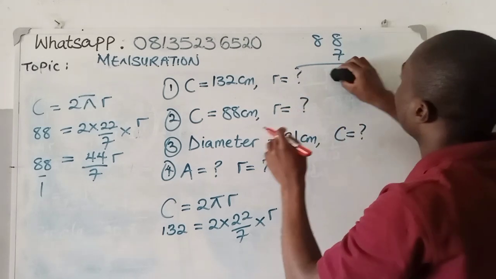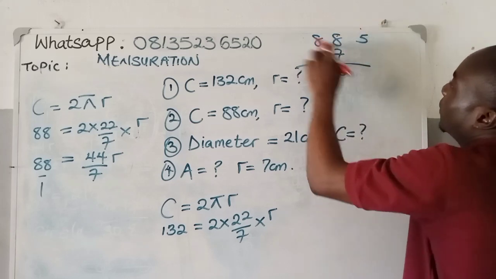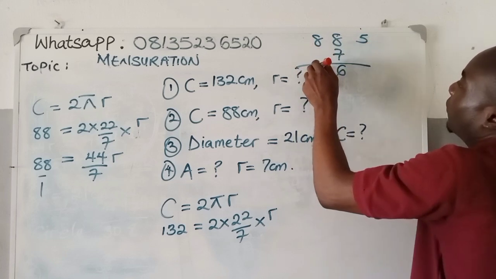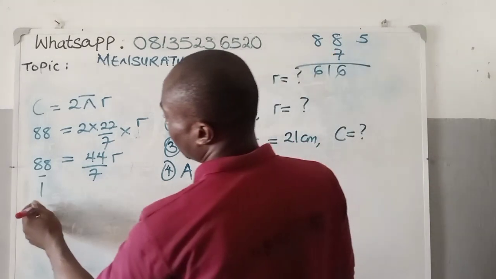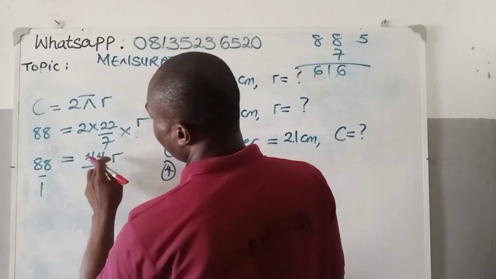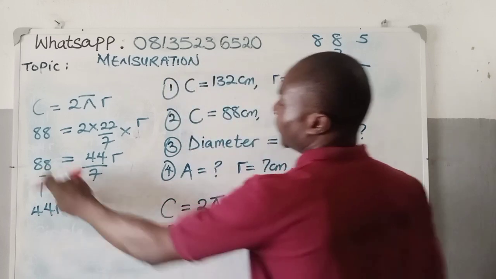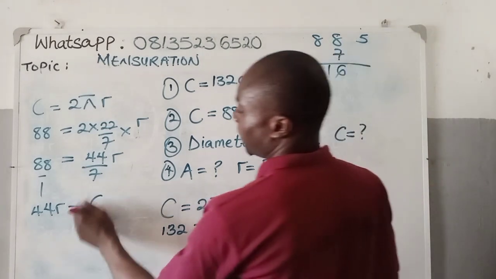We write our 6, carry our 5. 7 times 8 is 56. 56 plus 5, we have 61. So we have 616. And 7 times r, we have 7r... so 44r equals 616.